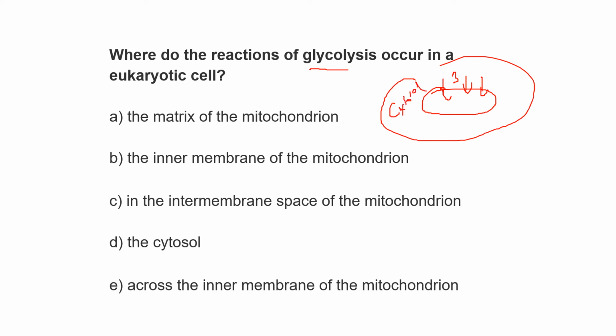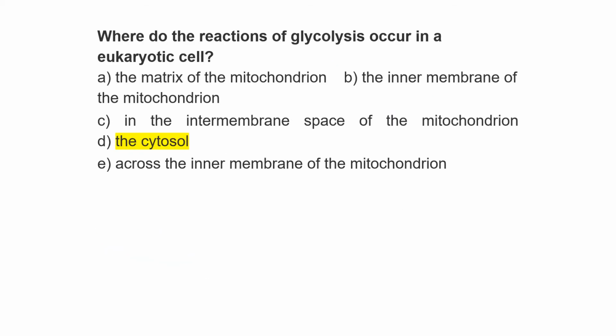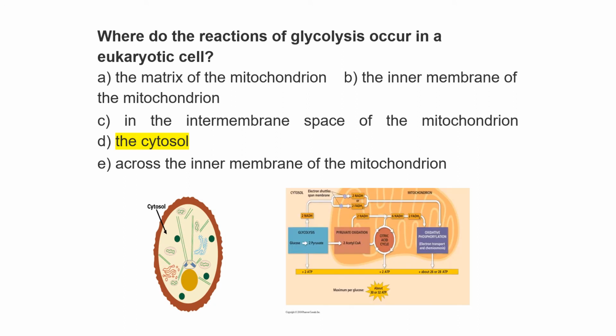And the one that happens in the cytosol will be glycolysis because it's the first one. So the answer, without a doubt, will be D. So cytosol is the right answer. Here, glycolysis, while the other three take place inside of the mitochondria.